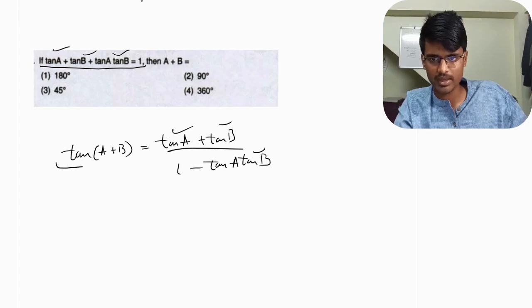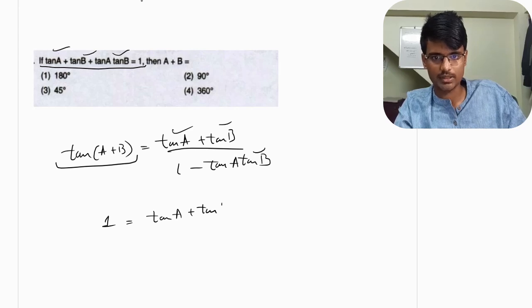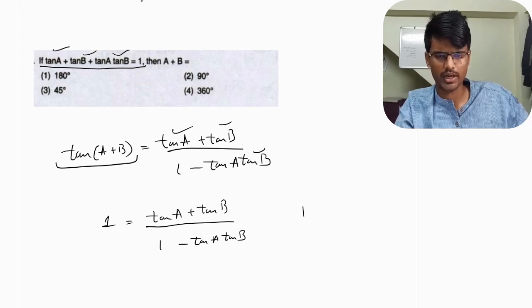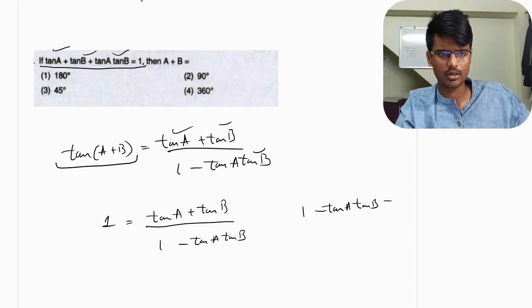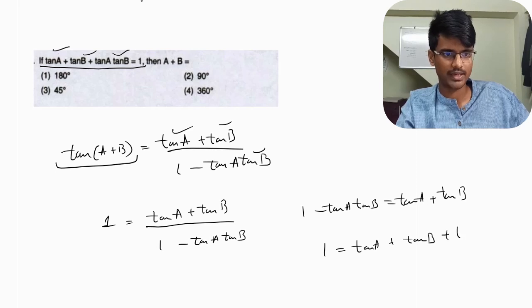If I make tan A plus B as 1, tan A plus tan B over 1 minus tan A tan B. So what do I get? 1 minus tan A tan B equal to tan A plus tan B, which is nothing but 1 equal to tan A plus tan B plus tan A tan B, right?